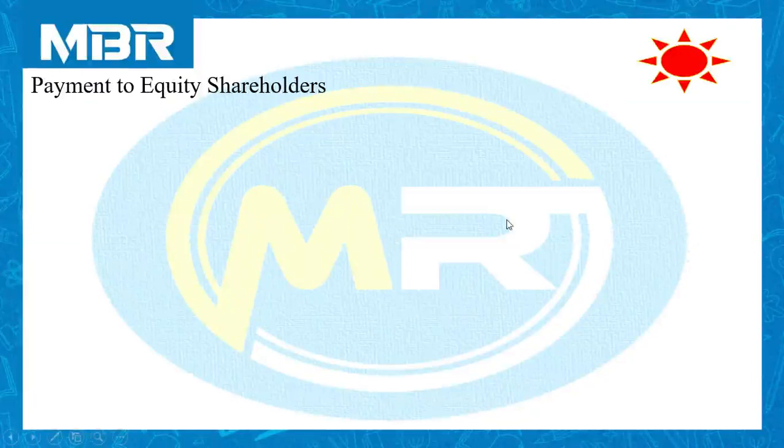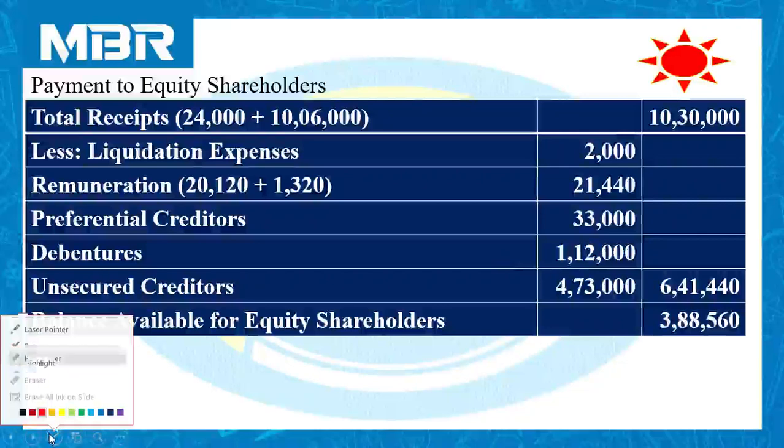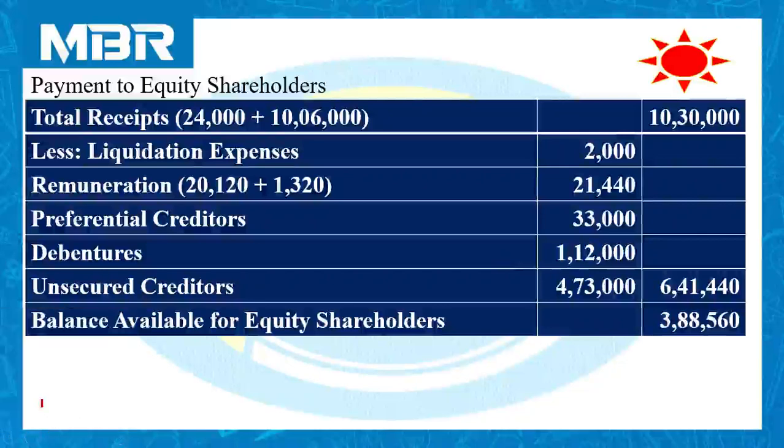In order to understand payment to equity shareholders, we have to prepare a statement, and in this statement we have to mention each and every piece of information properly. Let us understand the information available in the statement. First, total receipt. Total receipt is rupees 10,30,000.